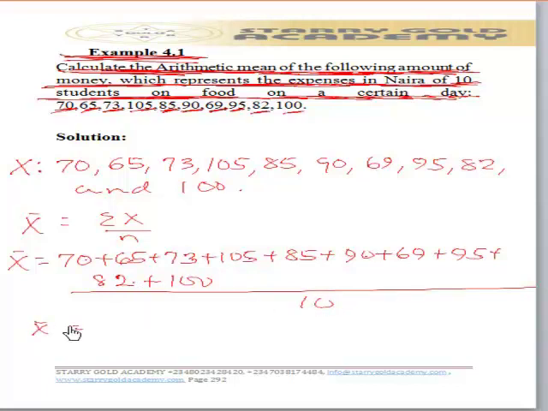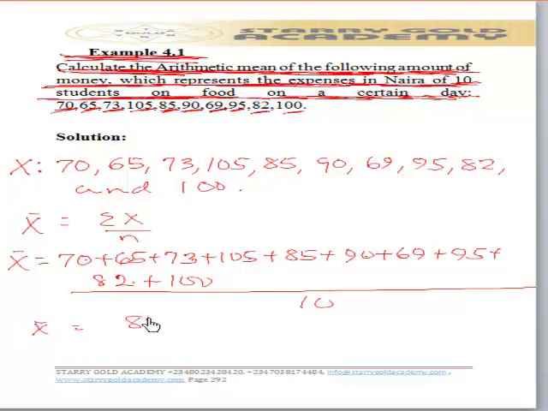So let's now sum all this together. 70 plus 65 plus 73 plus 105 plus 85 plus 90 plus 69 plus 95 plus 82 plus 100 is equal to 834.